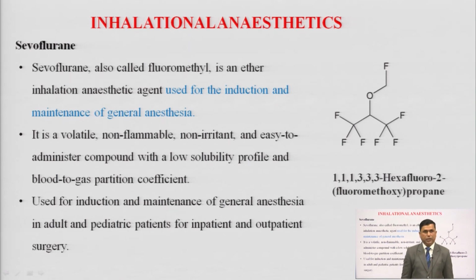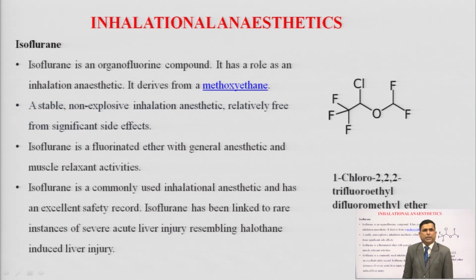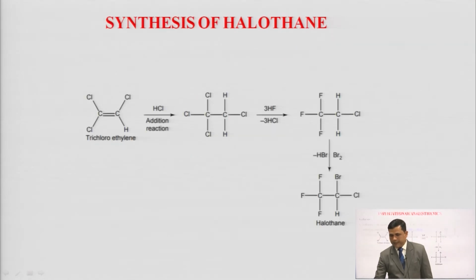Sevoflurane is used for the induction and maintenance of general anesthesia. Isoflurane is the next compound in this series. Again it derives from methoxyethane, and it is a non-explosive inhalational anesthetic, relatively free from significant side effects as compared with the other anesthetics.